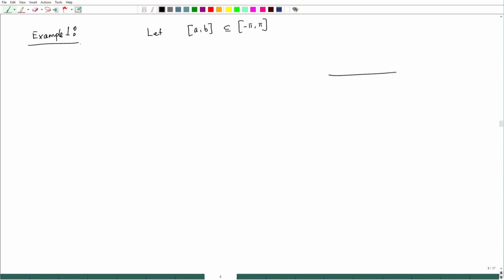So, here is our minus pi to pi and a b is somewhere here. This is our interval. Now, I take f of x is equal to the indicator function of a b. We will be using this symbol quite often. Let me write down the definition for you, which is equal to 1 if x belongs to a b and which is going to be 0 otherwise.